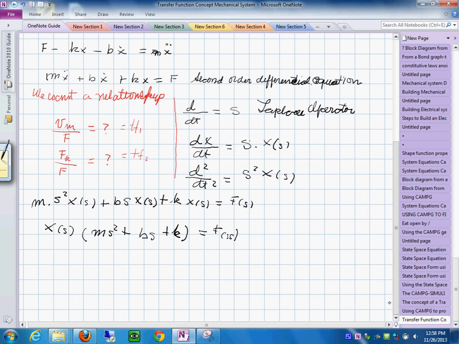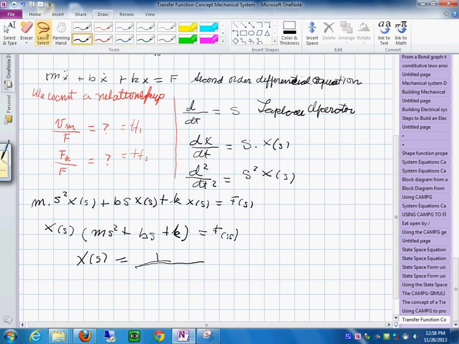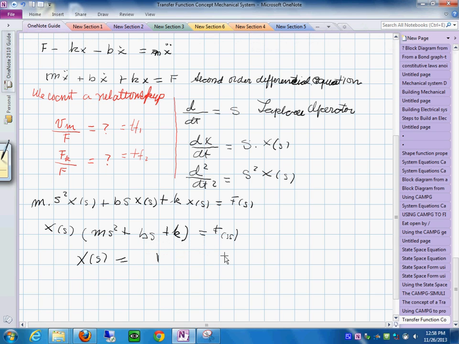So it's clear that the state variable x of s is equal to 1 over m s squared plus b s plus k, times F of s.